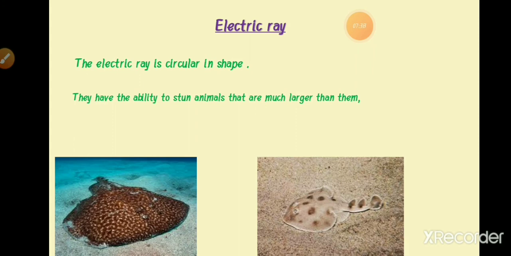The specialty of this fish is when any animal touches it, it gives them a shock, as when we touch any electric wire we feel a shock, the same as such as human beings by delivering electric shocks.